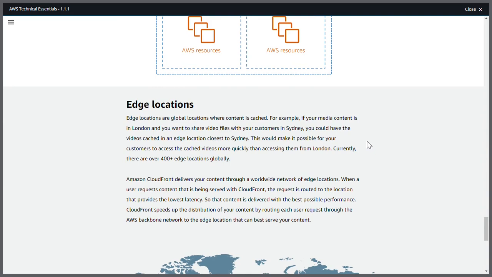The purpose of edge location is to store the content closest to the end user. In the first example that we were seeing, there's a Japanese startup which has deployed its website in AP Northeast 1 region, because it expects its customers will only access the website from there.